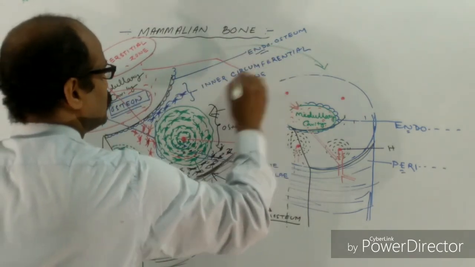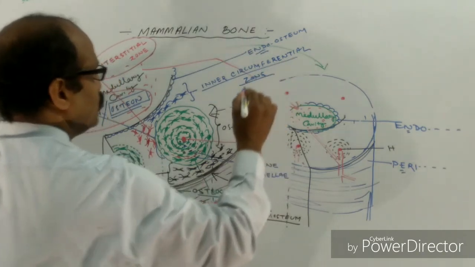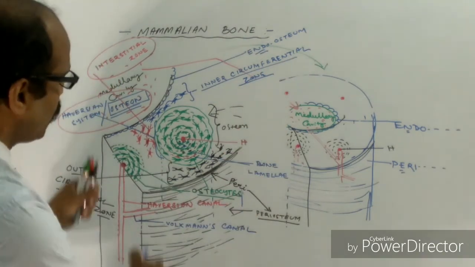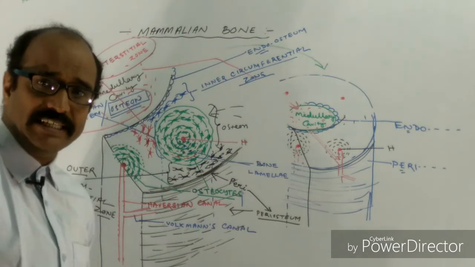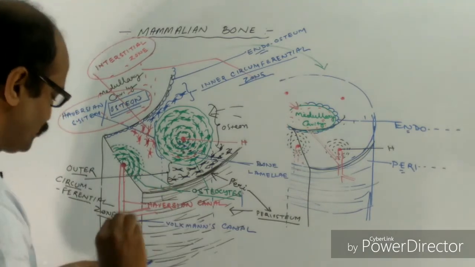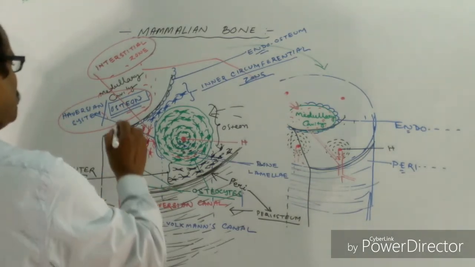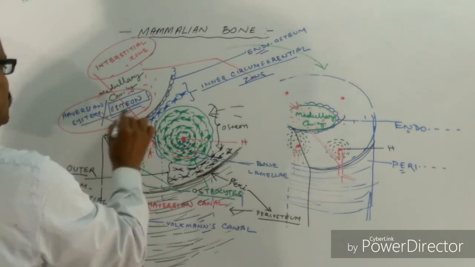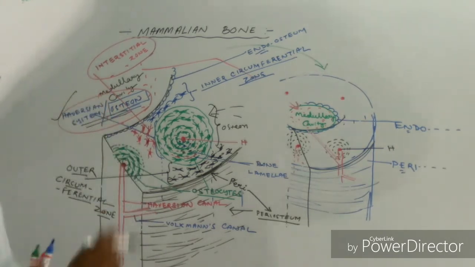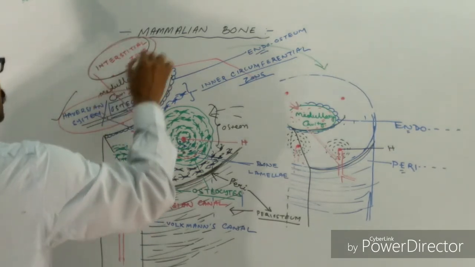So up to this, we know that the total mammalian bone has four zones. One is the osteon or the Haversian system. Another zone is the interstitial zone.